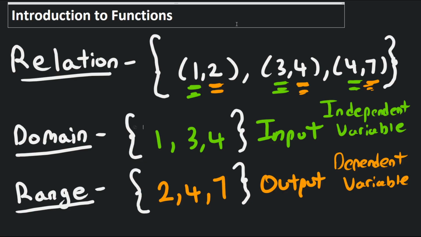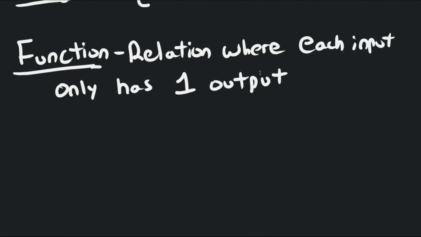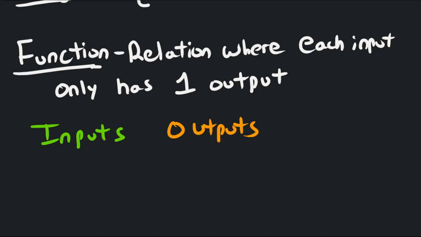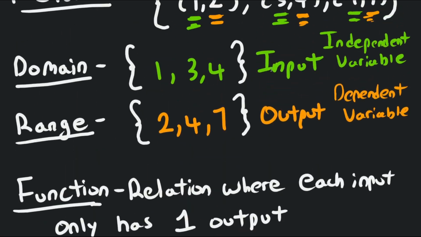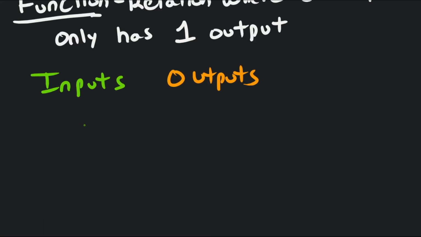Well, let's write down their inputs and outputs. Let's make a little table. We'll make a column for inputs, and we will make a column for outputs. The inputs are all the x-coordinates, all the ones underlined in green, 1, 3, and 4. So let's write them down.